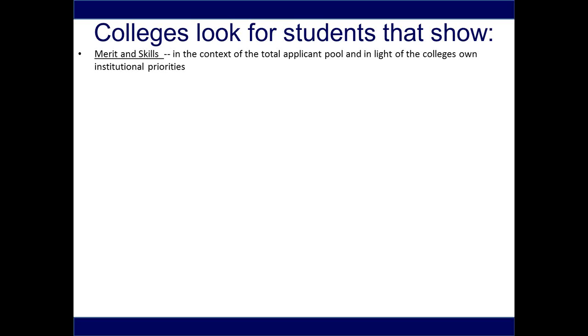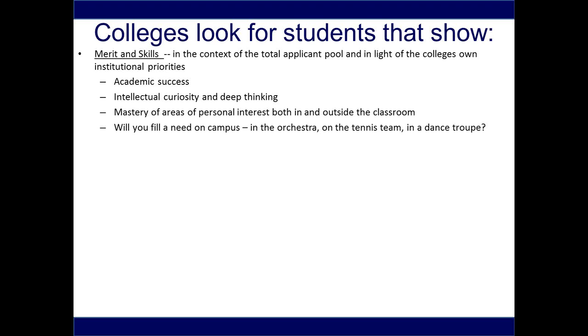So what I mean by that is that merit is defined by what the particular college is looking for at that time. And of course it includes generally academic success, intellectual curiosity, mastery of areas of personal interest in and outside of the classroom. And do you fill a specific need on campus?